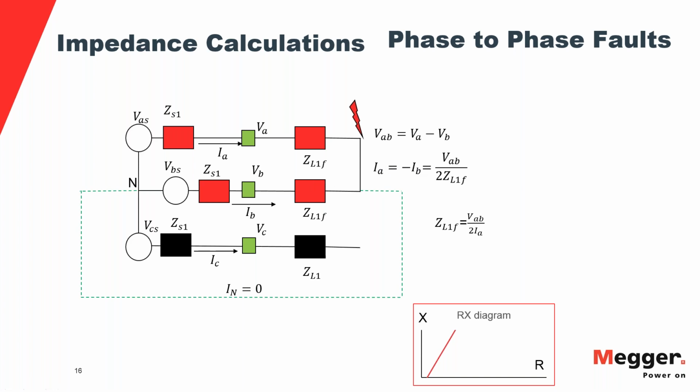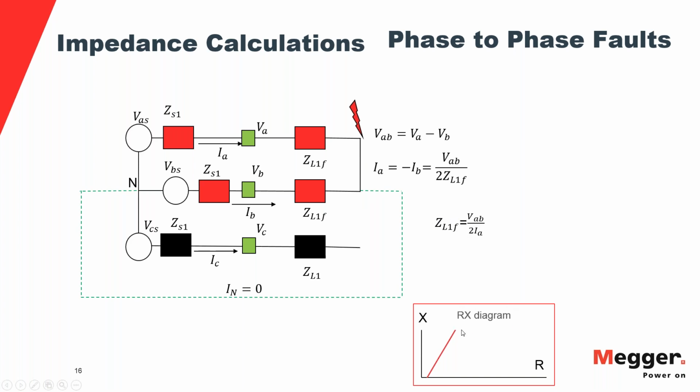And then we can say that that current will be equal to the voltage from one phase to the other divided by 2 times the impedance, because we have twice the impedance in this fault loop. So the impedance calculated to the point of the fault will be the voltage divided by twice one of the currents in the phases.